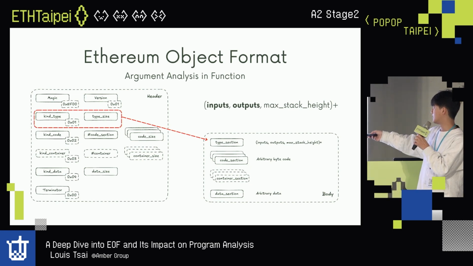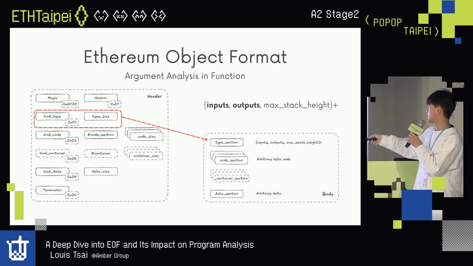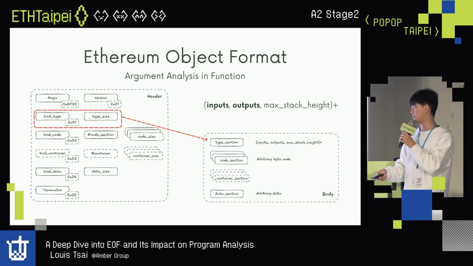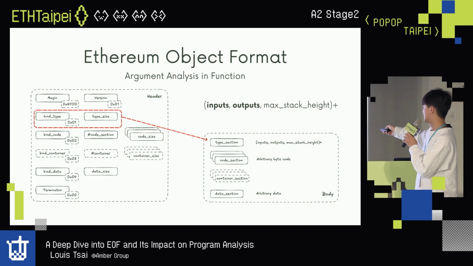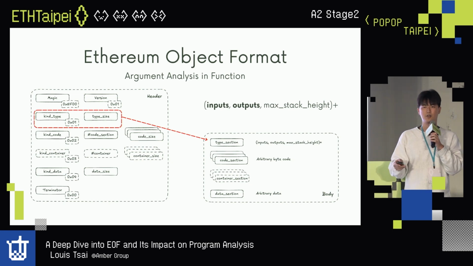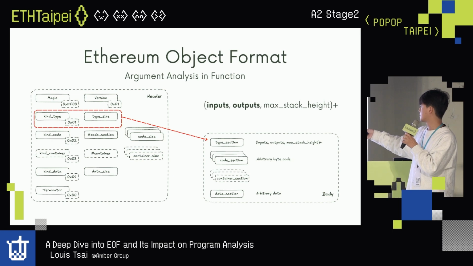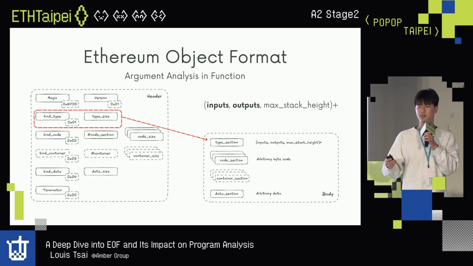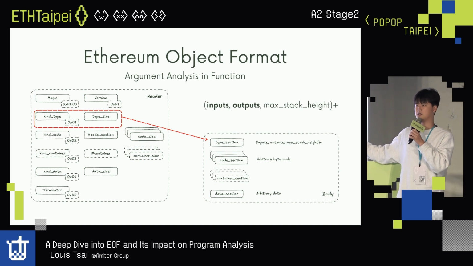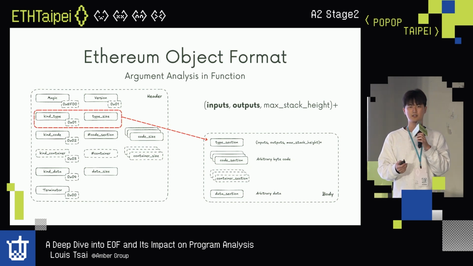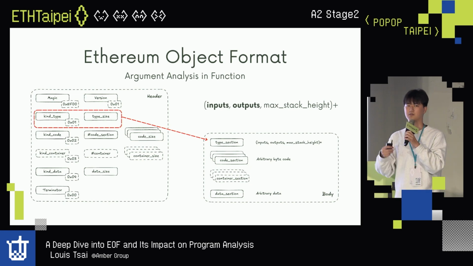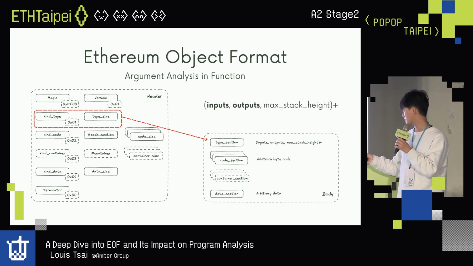It contains the input argument number and the output argument number, as well as the information for the max stack height. So here, we could directly read this information from the type section. Do you remember how we decoded this value in the legacy EVM contract? It is so complex, but now it becomes very easy.